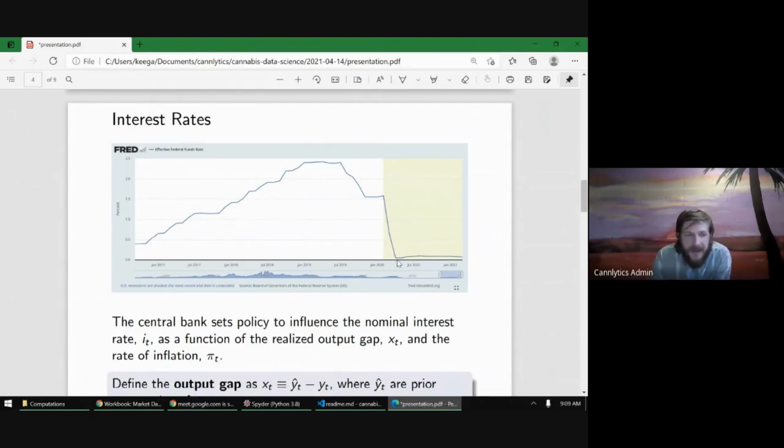But that's the problem: when you drop it to 0, there's nowhere to go. You could go negative. That'd be interesting. Well, that's essentially what they do. They have to use, not really creative, but technical monetary policy to simulate negative interest rates.